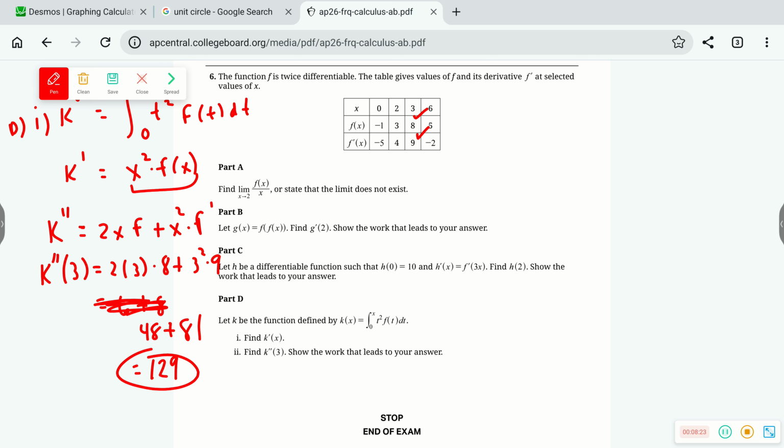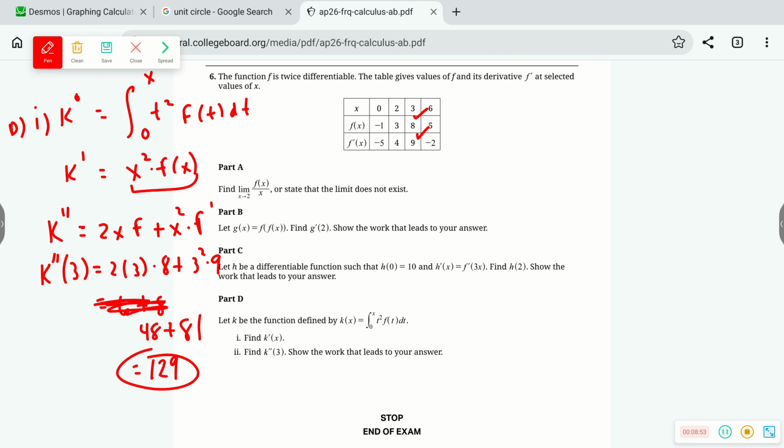129, what do you think? Again, I'm going to just kind of go with it. 2x f plus x squared f prime. I'm sure somebody will let me know if something's wrong. I don't screen these. Sometimes people have everything worked out just perfect. I just like for y'all to kind of see what I'm thinking as I go, instead of acting like I had this perfect all the way through.